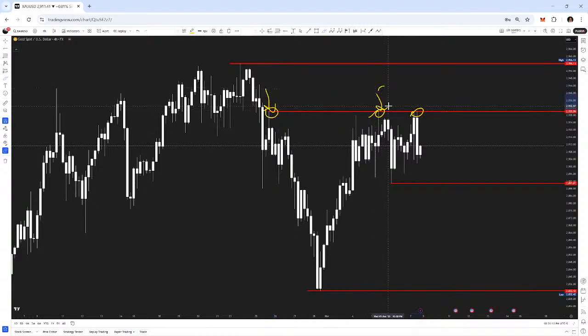A ton of selling pressure just by looking at candlestick behavior. There's a ton of selling pressure at these highs. Every time that buyers have tried to manipulate above or trade above that level, they have failed tremendously. But again, they're protecting the 29.91 level.